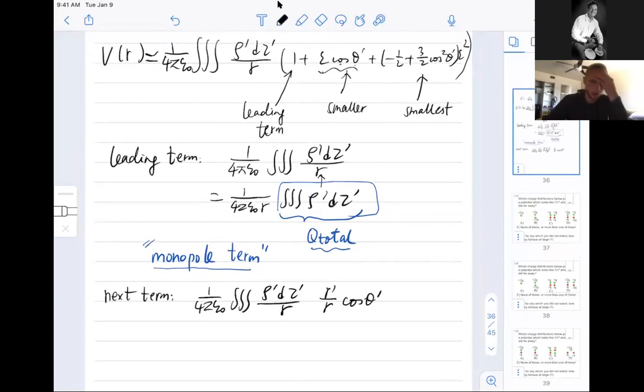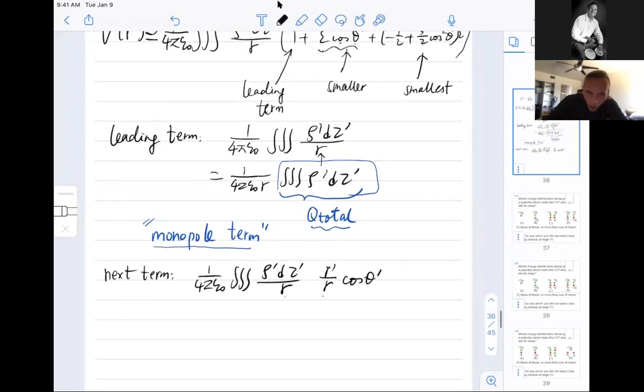Okay, so again, r is not something you need to integrate over. r is your field point, right? You're integrating over the prime terms. So I'm going to write the 1 over r squared in front. And what you're integrating over is rho, which is a function of r prime.